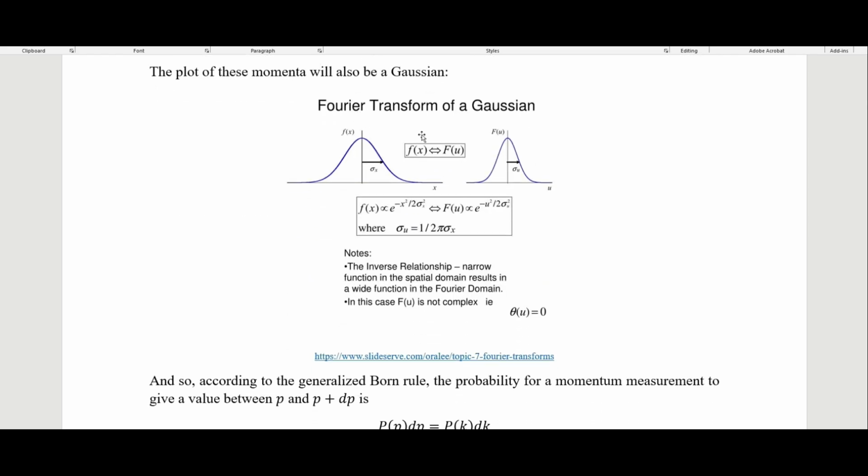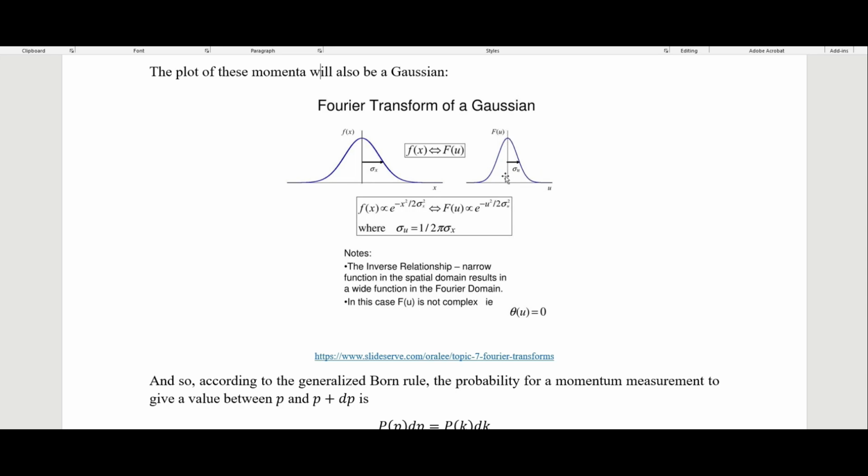In fact, when we do the Fourier transform of any Gaussian, it gives us another Gaussian, but the Gaussian will have a different width. If we take this f of x as our position, then we would get something like this as our momenta, where each position on this u-axis is a different momentum. This is telling us the probability of getting a momentum at one of these places.